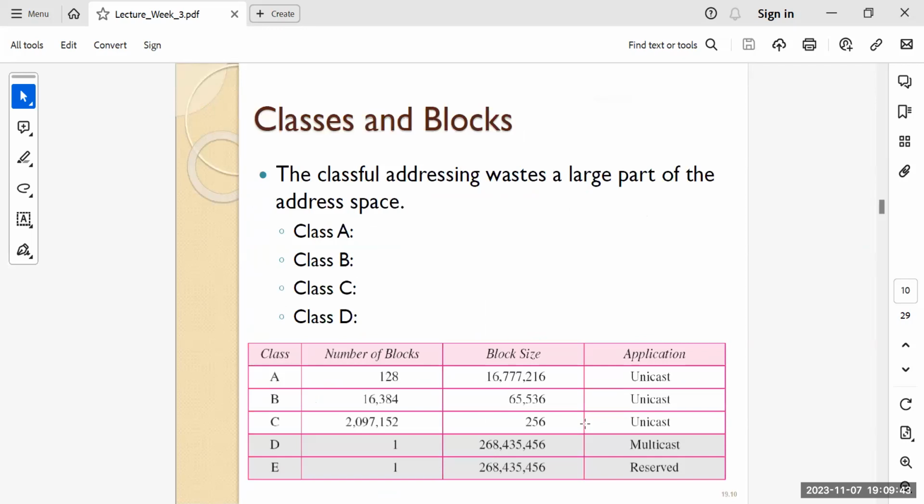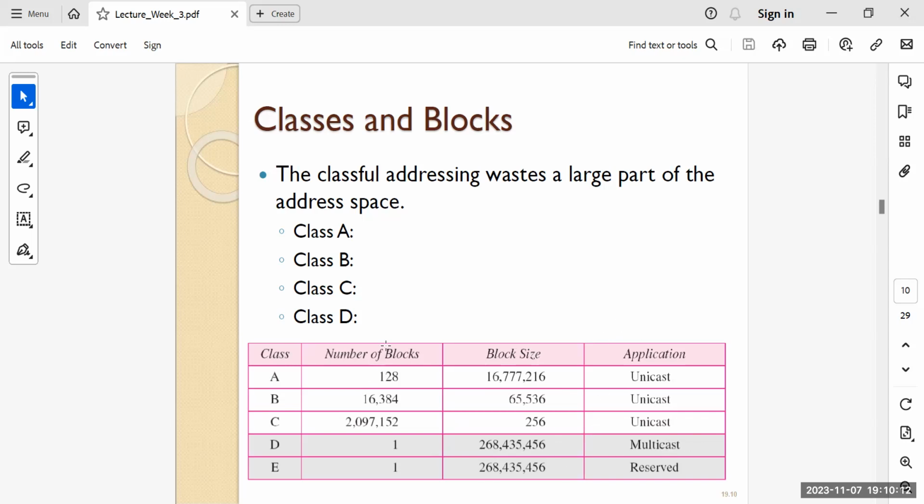Let's move on to classes and blocks. Now I want you to pay even more close attention. The classful addressing wastes a large part of the address space. We have different classes, class A, B, C, D, and then we have some blocks, some block size, and some application written over here.